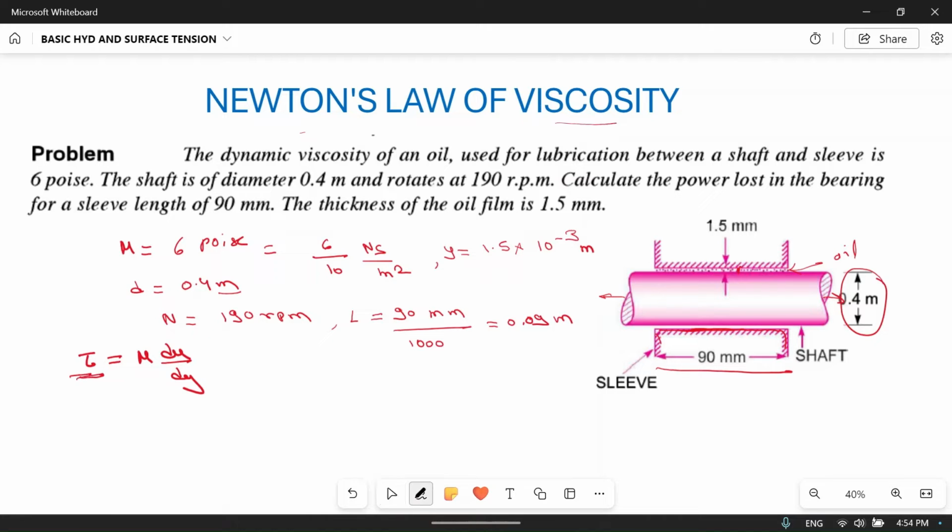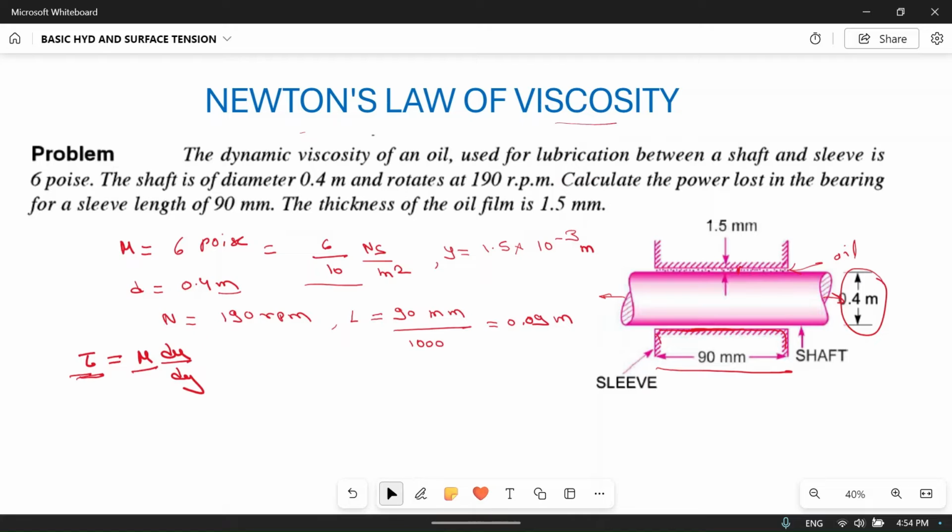If we multiply by the area of the shaft, we get shear force. So tau is shear stress, mu is viscosity, which is already given as 6 by 10, du upon dy.